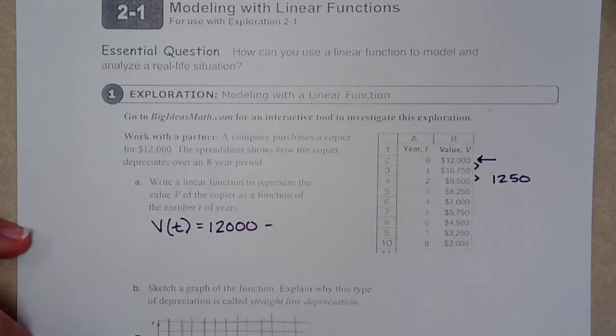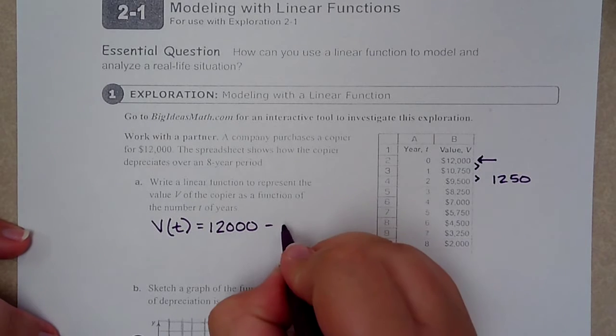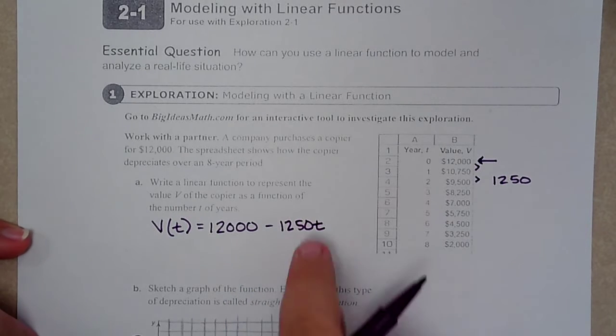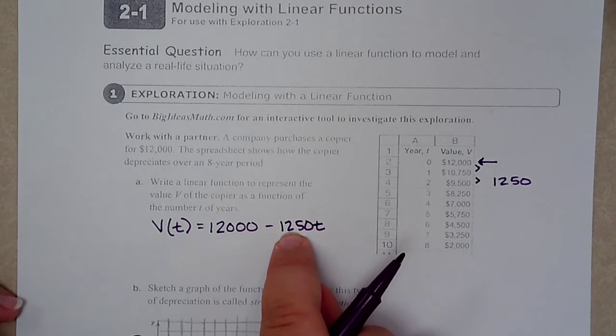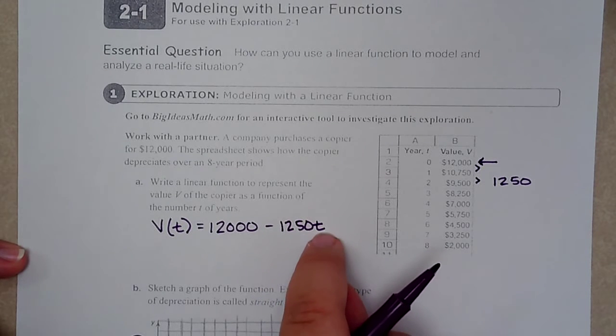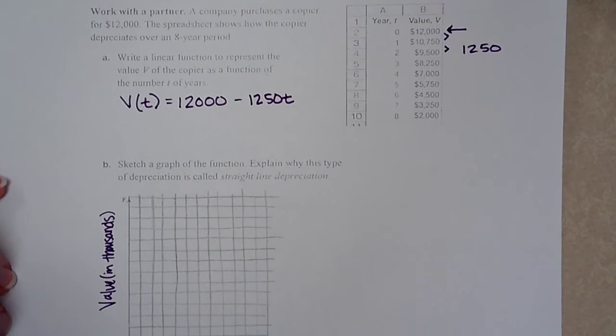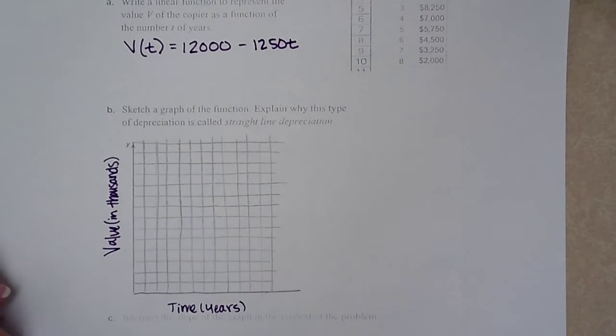And we say per in math using the multiplication sign, so $1,250 per year. So 1 year we went down by 1 times 1,250. At the second year we went down by twice that amount, and so on and so forth. So there is our function.